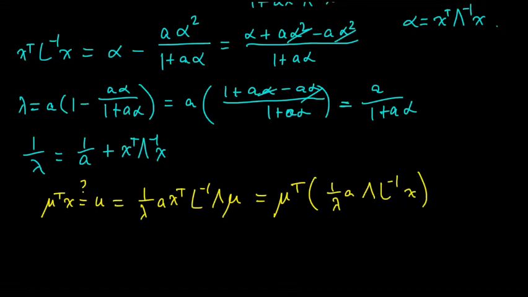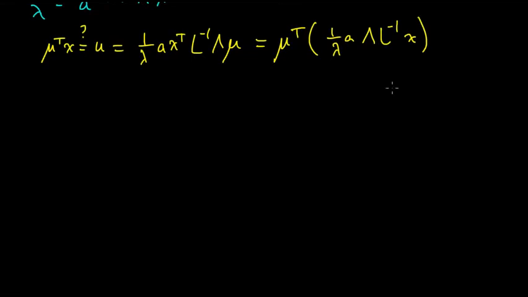And so in order to show this, it's equivalent to show that x equals this: 1 over lambda a lambda L inverse x. Okay. And we may as well move the matrices over. This becomes lambda inverse Lx.